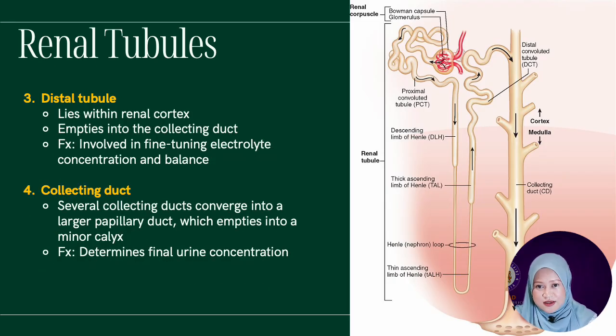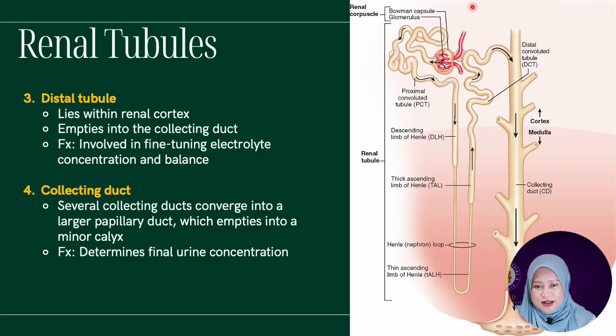So after the loop of Henle, the filtrate enters the distal tubule. The distal tubule lies mainly within the renal cortex. Compared to the proximal tubule, it handles a smaller volume of fluid, but its role is very important. This is where fine-tuning takes place. In the distal tubule, the kidney adjusts electrolyte balance more precisely.